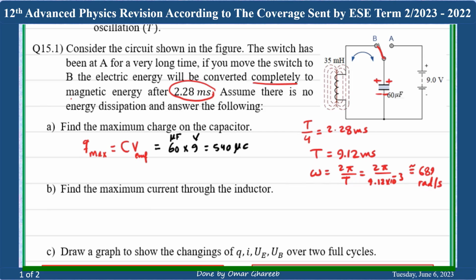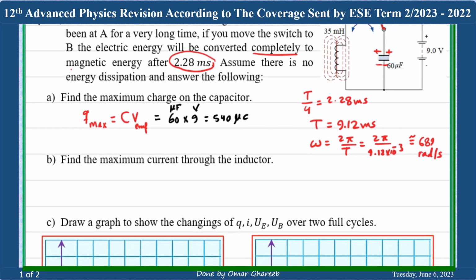Assume there is no energy dissipation and answer the following. Find the maximum current. As you know, Q is a function of time, and since initially Q is maximum, we can express it by a cosine function. So Q maximum cosine omega t.